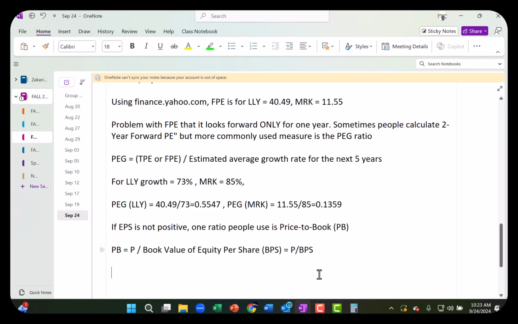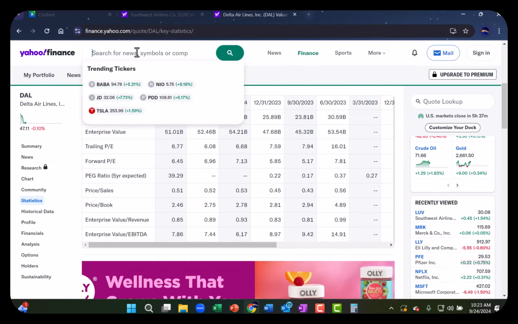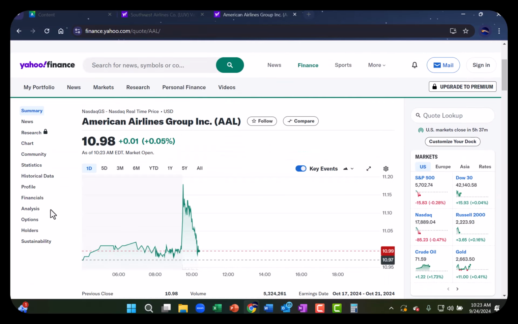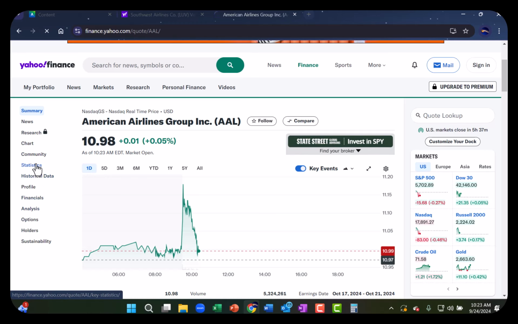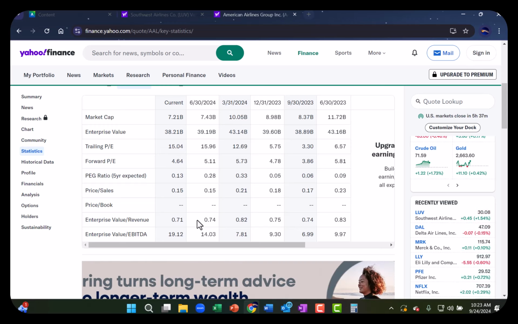Sometimes book value of firms are also negative, and I'll give you an example. Let's do American Airlines statistics. Price to book doesn't apply. Why?